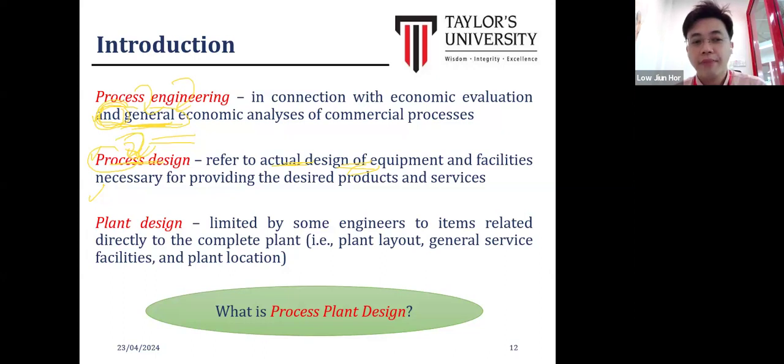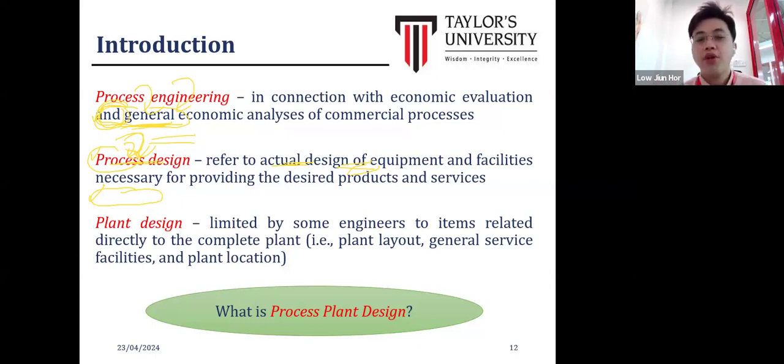Okay, now look at here. Plant design. What is plant design? Plant design means we expect the engineer, especially the plant designer, to come up with a very, very complete chemical plant design.